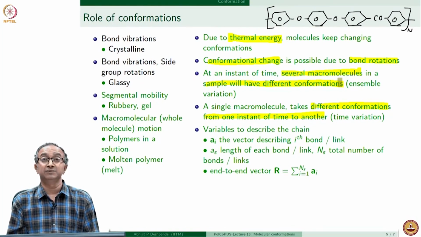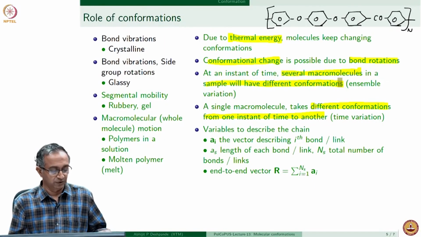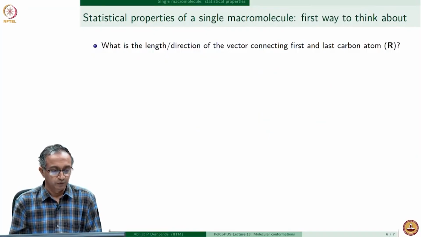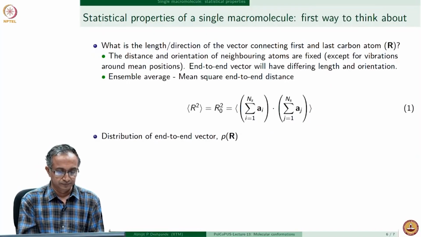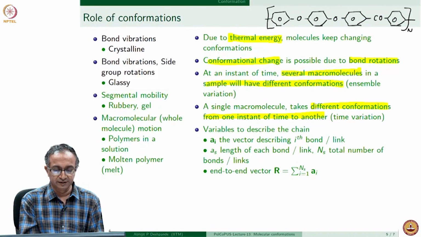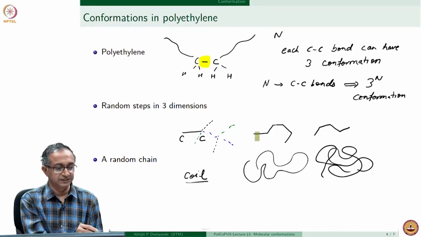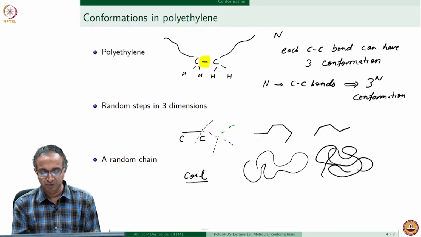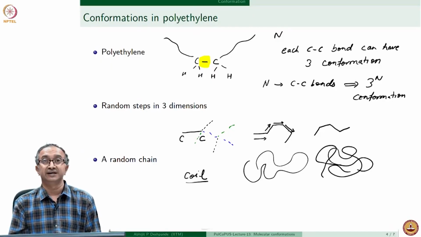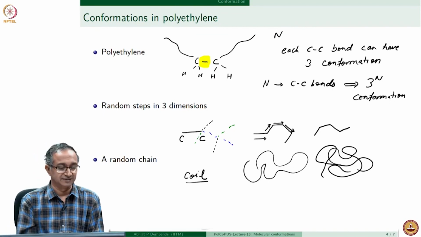And so the variables which can be used to describe this polymer chain are as follows. We can look at the chain that we had drawn earlier. If I say that each and every link here between carbon-carbon bonds is a small vector, then basically my polymer chain is a collection of all these vectors.